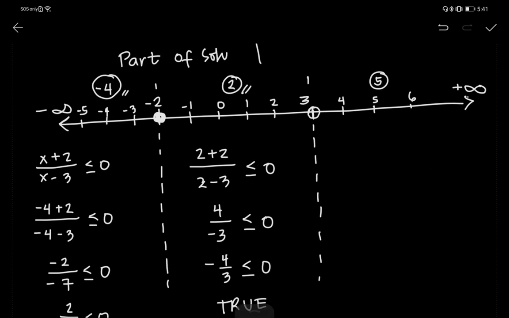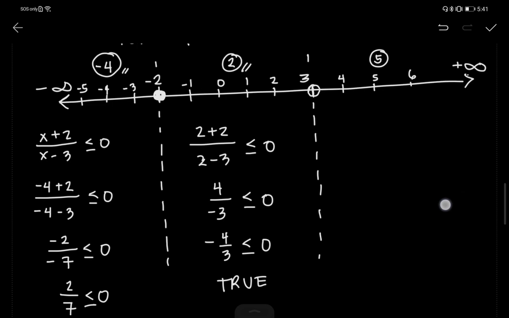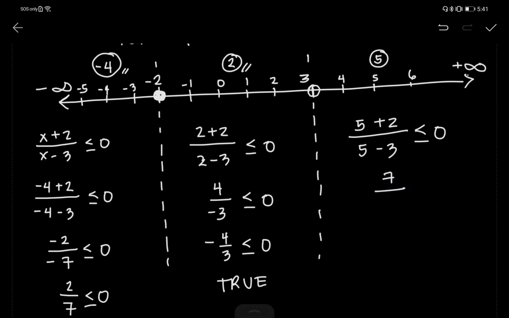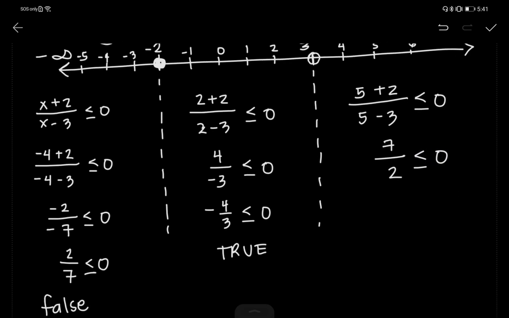How about dito naman sa 5? So paano naman ngayon yung value pag isa-substitute natin siya sa original inequality? So we will have 5 plus 2 all over 5 minus 3 less than or equal to 0 ba? So ito ay magiging 7 over 5 minus 3 is 2, less than or equal to 0 ba? Is 7 over 2 less than or equal to 0? So in this case, magiging false. Okay?